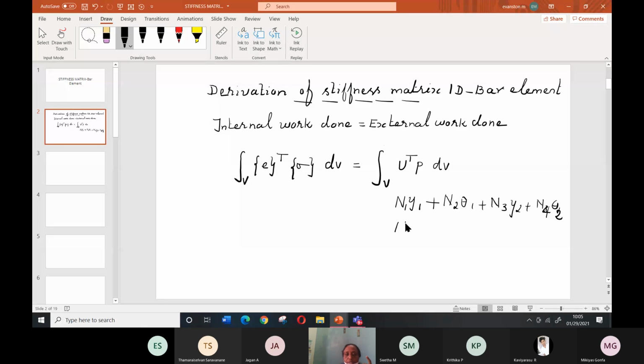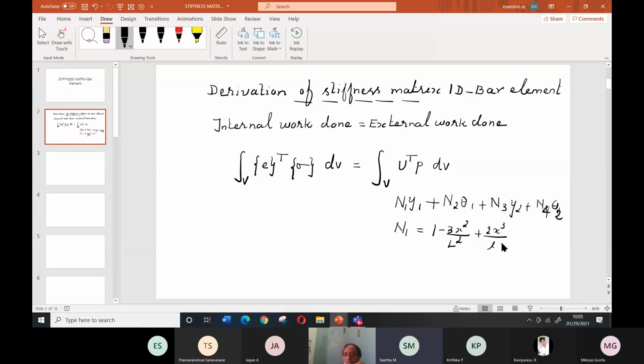What is N1? Somebody can tell me the N1 value for the beam element, which you have derived for the beam. Somebody can read it. N1 is 1 minus 3x square by L square plus 2x cube by L cube.